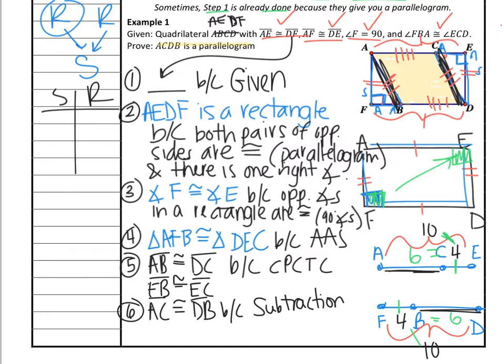So now that I see this parallelogram in yellow with opposite sides congruent, I can now prove that it is in fact a parallelogram. So step 7 is the actual proof statement. ACDB is a parallelogram.